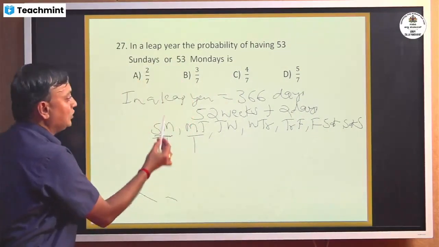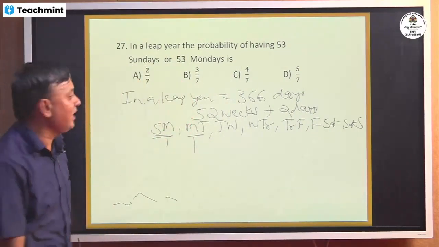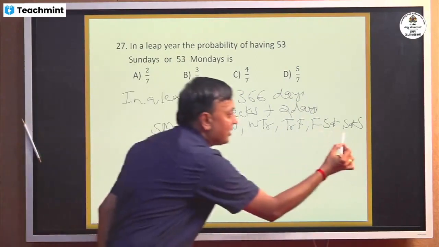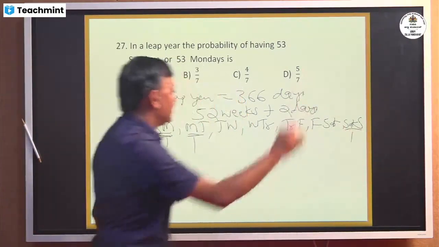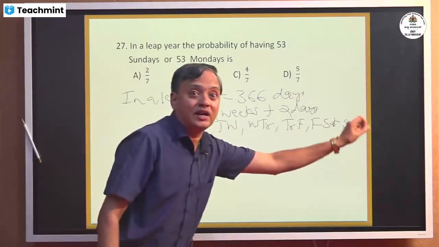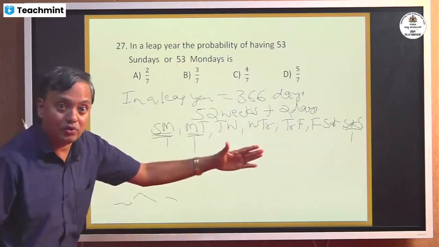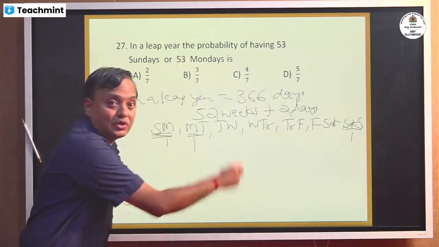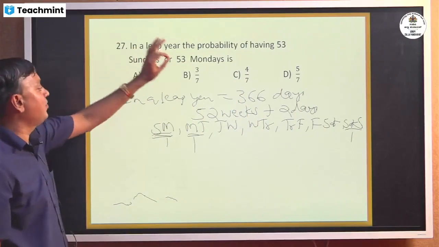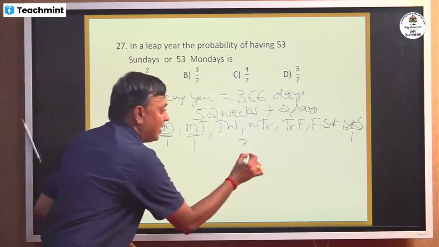So for Sunday or Monday to come, here one outcome, here one outcome, or here Sunday. So Sunday Monday, or Monday Tuesday, or Saturday Sunday. Total 3 outcomes out of 7 outcomes. Therefore, probability of 53 Sundays or 53 Mondays is 3/7.